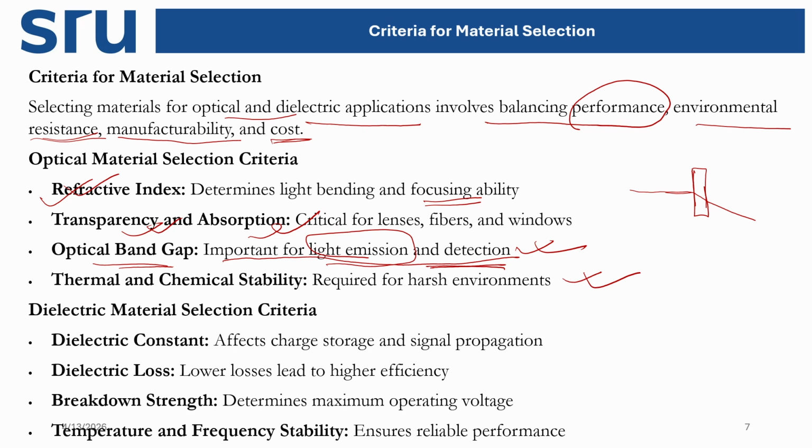So how the compound withstands, or its stability, thermally or chemically, is very crucial for the longevity of the materials. So thermal and chemical stability cannot be ignored in material selection.